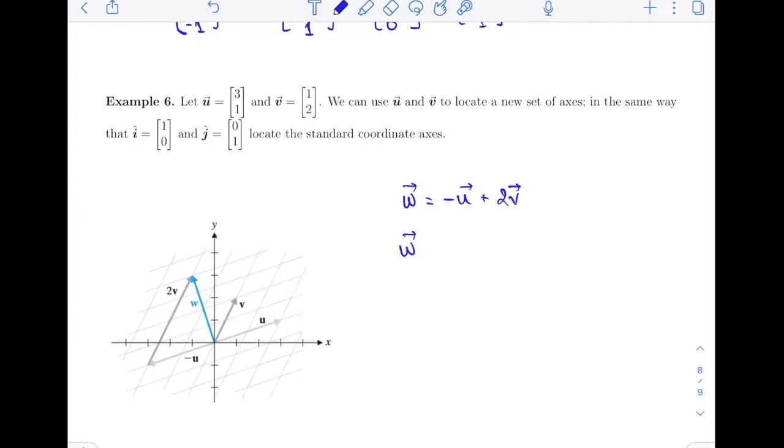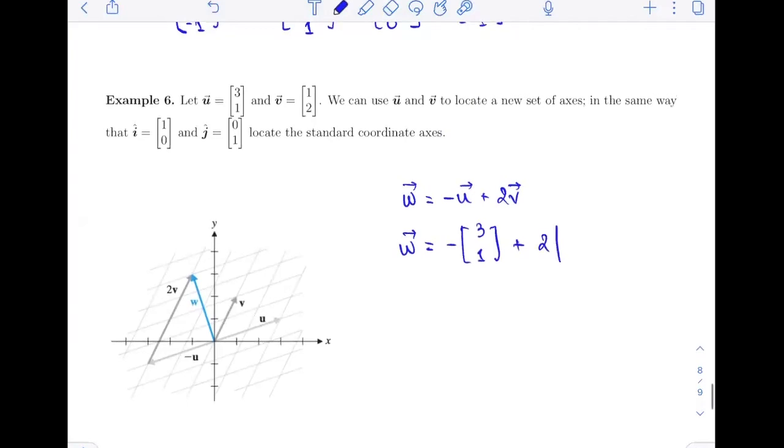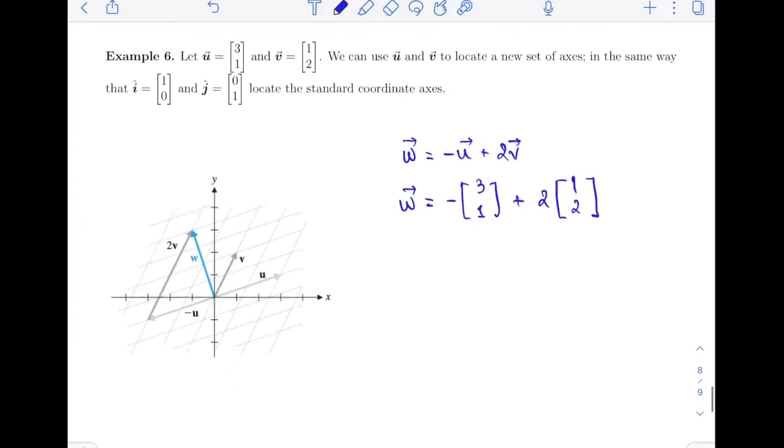Then w is equal to negative (3, 1) plus 2 times (1, 2), or this is (-3, -1) plus (2, 4).